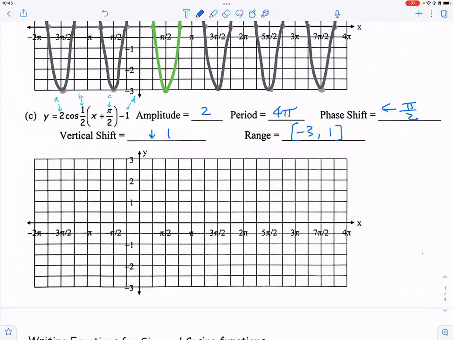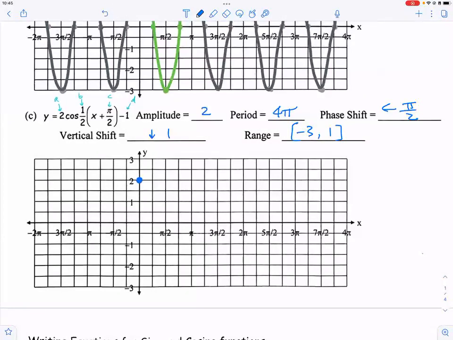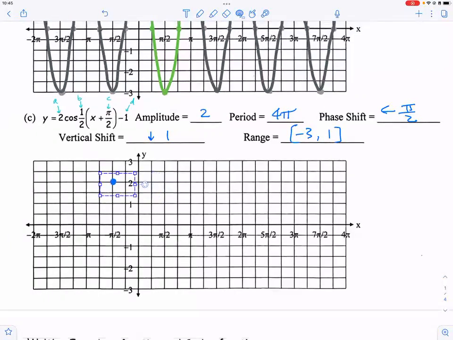So where should we put the first point? Originally I would put my first point right around here. That's my first point originally. But because of the stretch, it goes up to 2, and then we have to move to the left for pi over 2 units, and then it's being shifted down 1 unit.